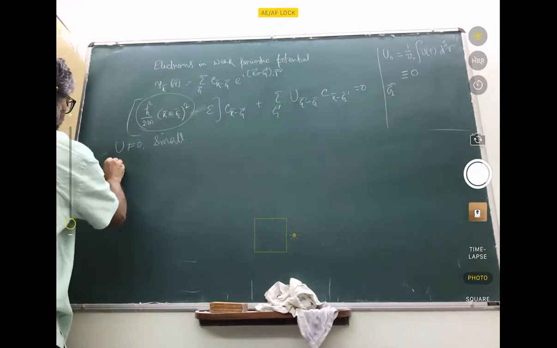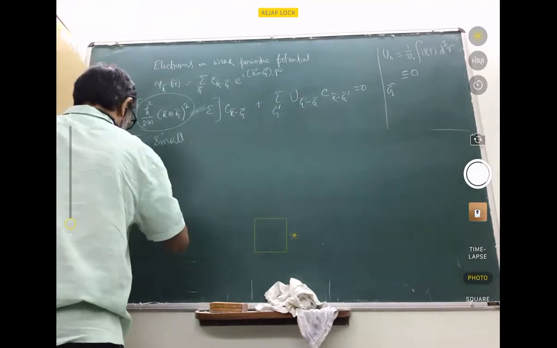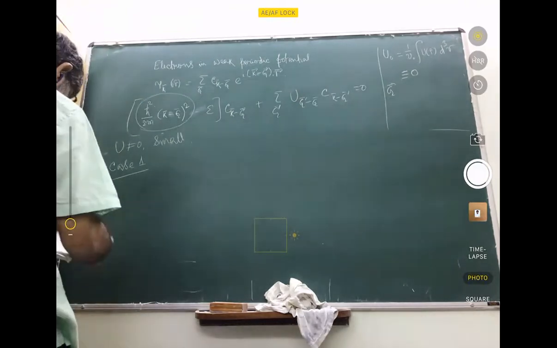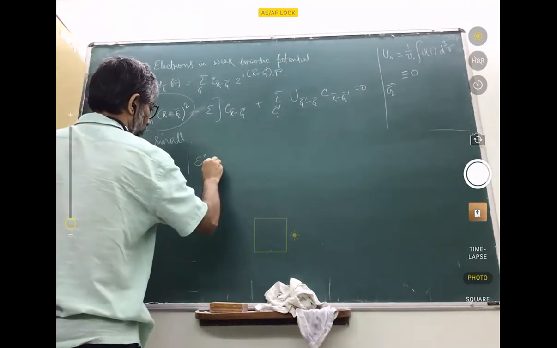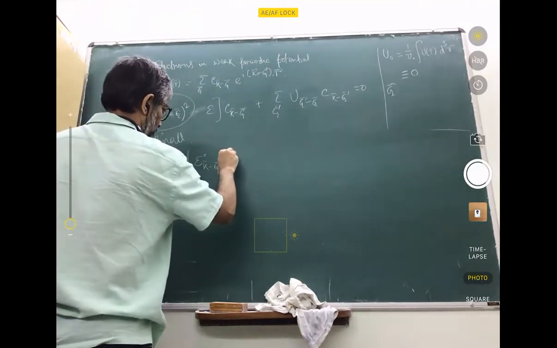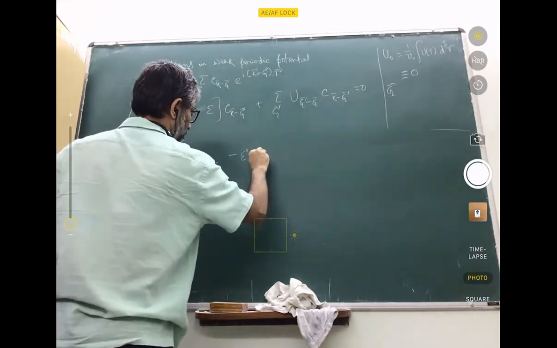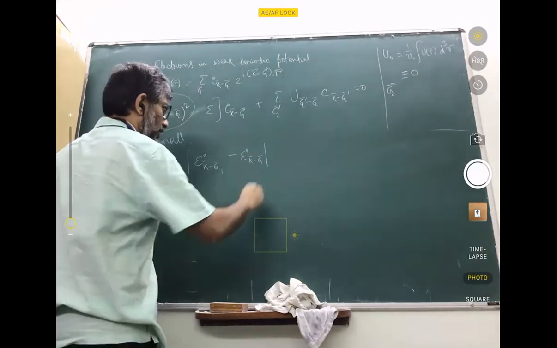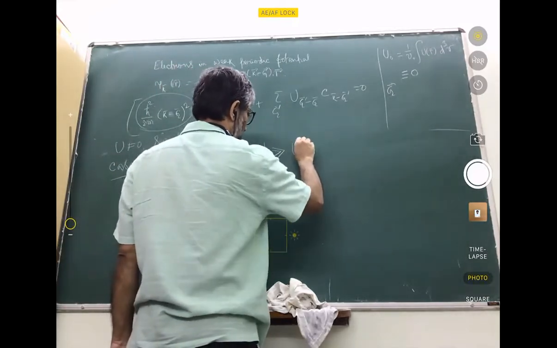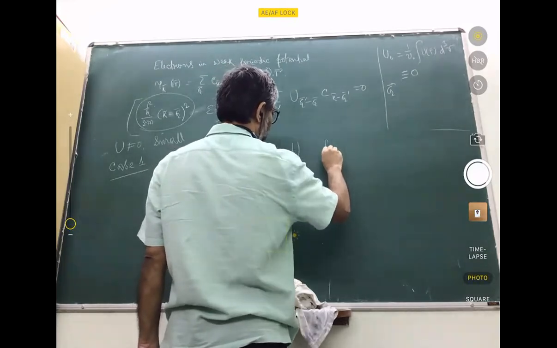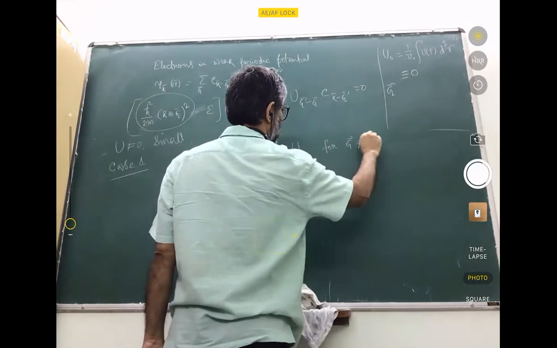And the first case that we want to discuss is where the energy difference between the K minus G1 state and any other K minus G state is greater than U, small U, for G not equal to G1.